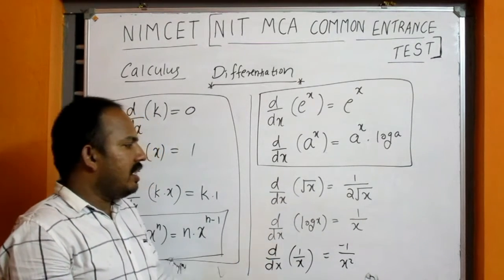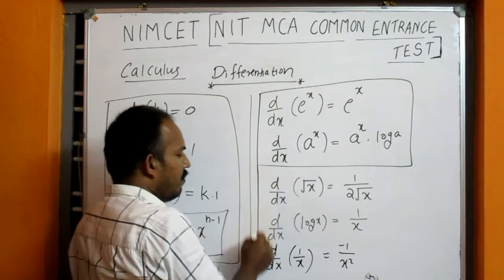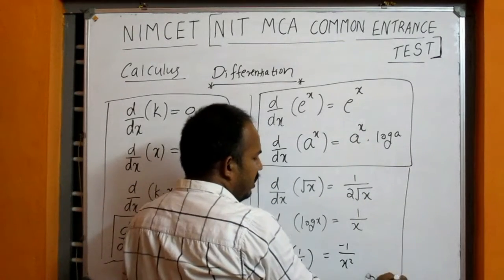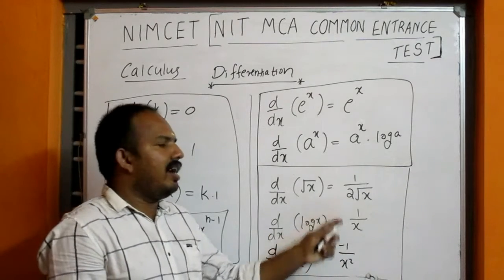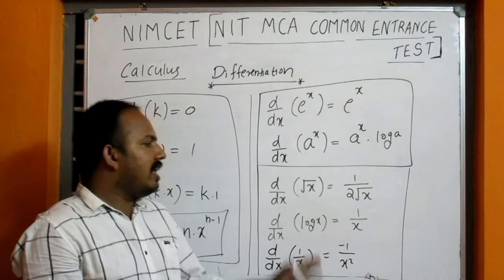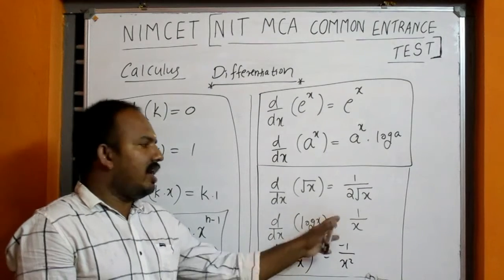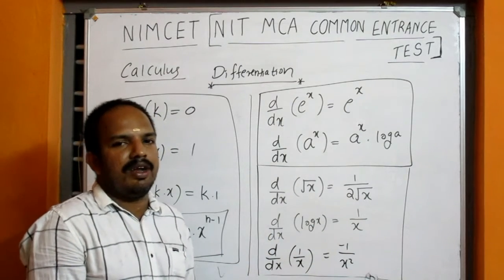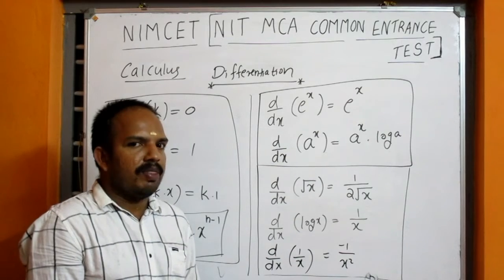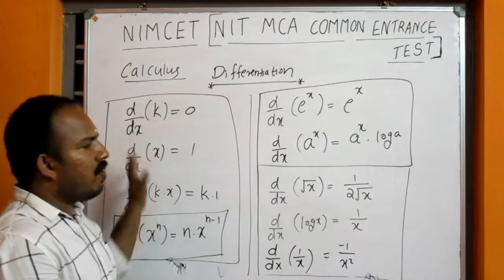Clear? Then study these 3 formulas. What are the formulas? D by dx of root x equal to 1 by 2 root x, d by dx of log x equal to 1 by x, d by dx of 1 by x equal to minus 1 by x square. Okay, we study all these formulas.